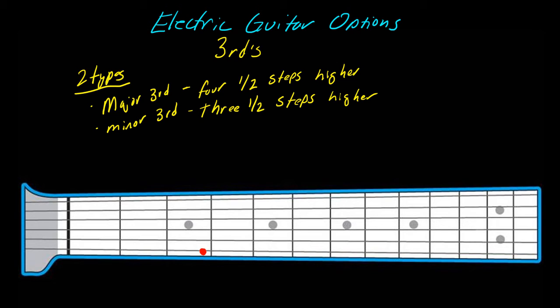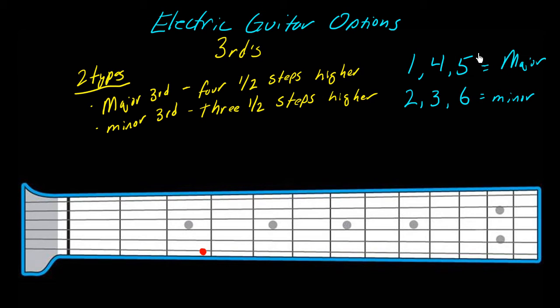But I'm going to break it down so it's pretty simple here. Chords number 1, 4, and 5 are major chords. Chords number 2, 3, and 6 are minor chords.